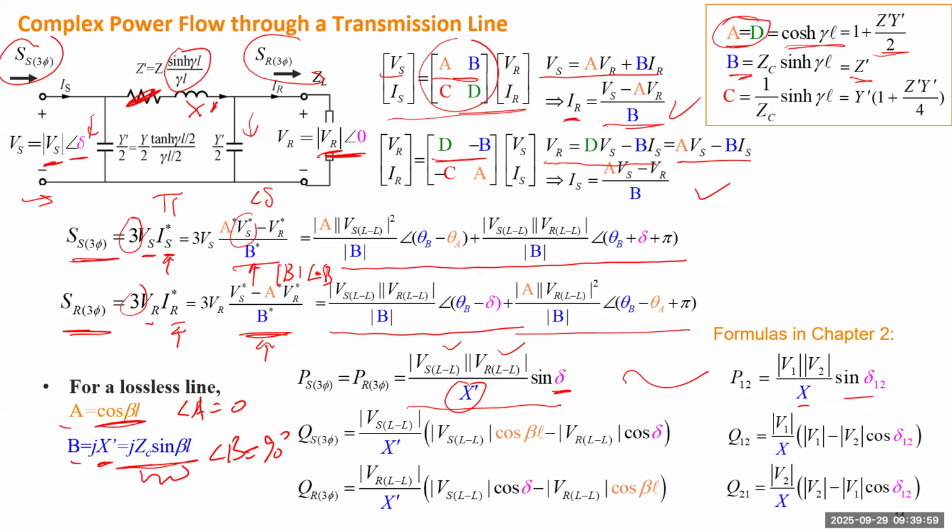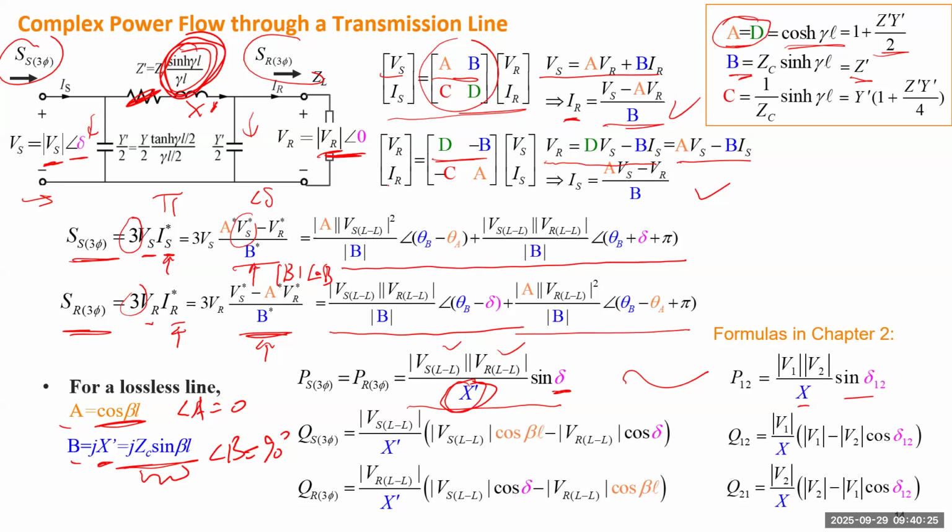The only difference is this X prime, not the actual X. Which means the original formula in chapter 2 can still work. We just need to correct X into X prime by multiplying X by this factor. This factor will be close to 1 when the line is not very long.